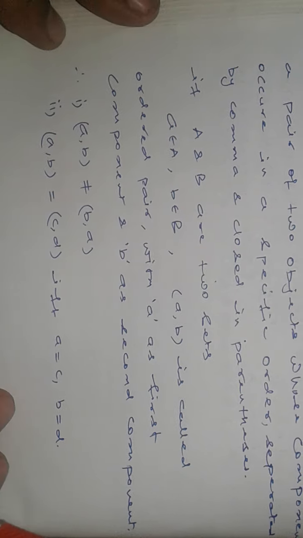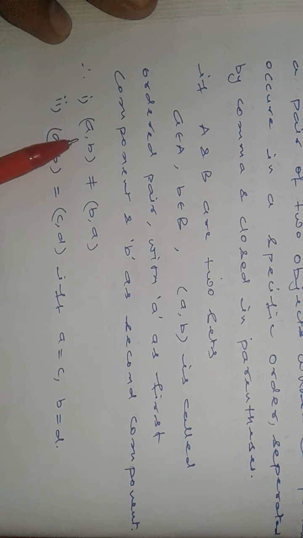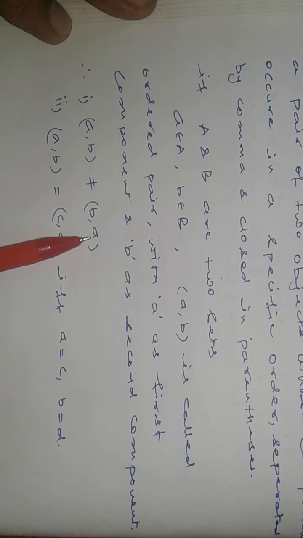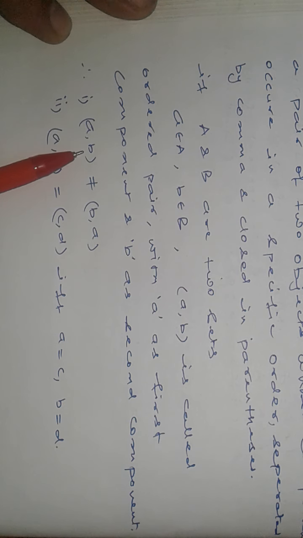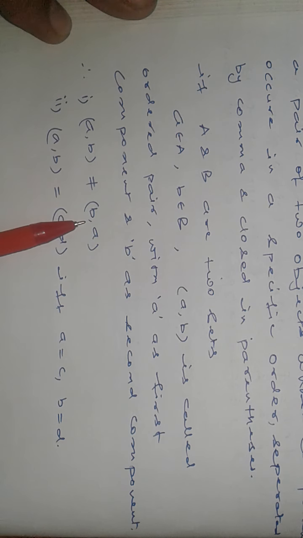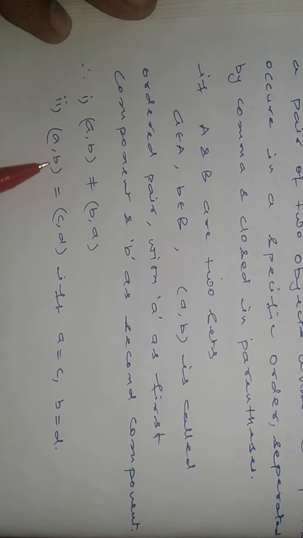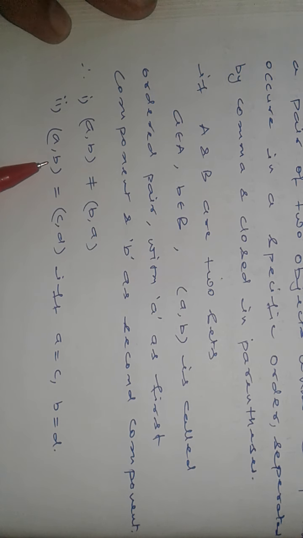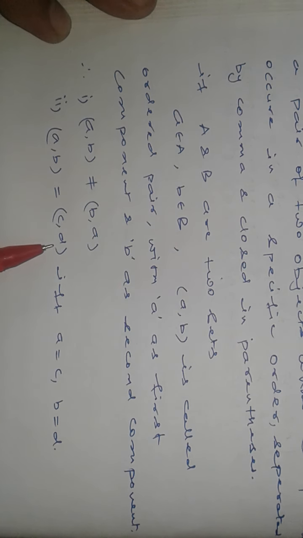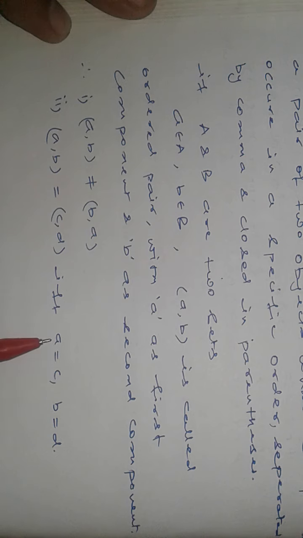Now clearly (a, b) is not equal to (b, a) because a is from set A and b is from set B, so they are not equal. In case (a, b) is equal to, suppose, (c, d), it means the first component must be equal to the first component and the second component must be equal to the second component, that is a is equal to c and b is equal to d.